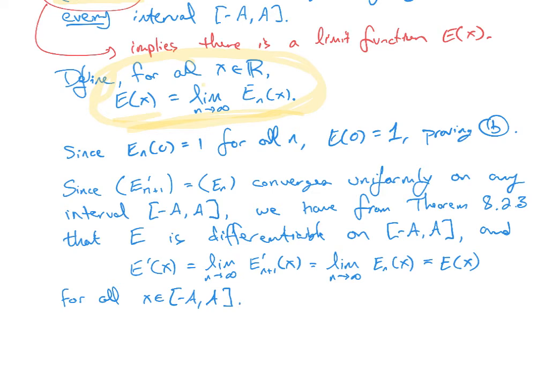Okay? And now we finish the proof just by doing one of our standard tricks. Since A is arbitrary, this proves the first part of the theorem.